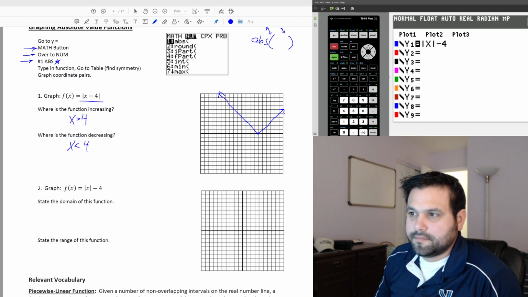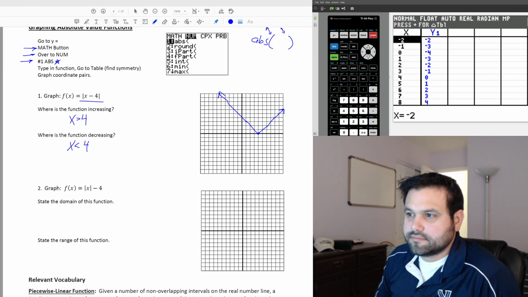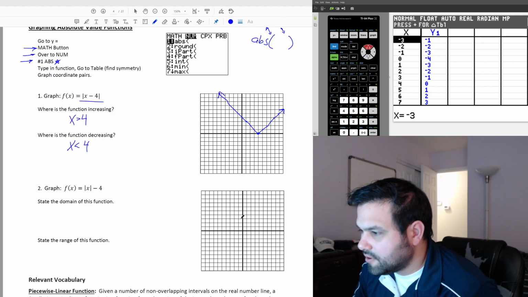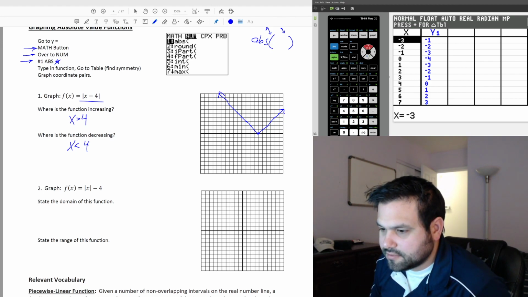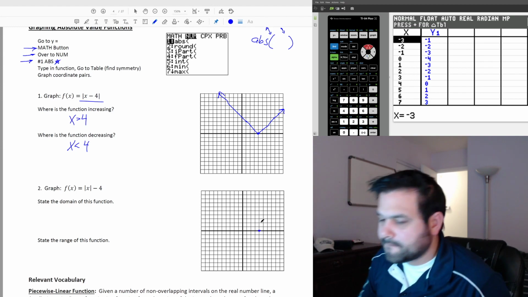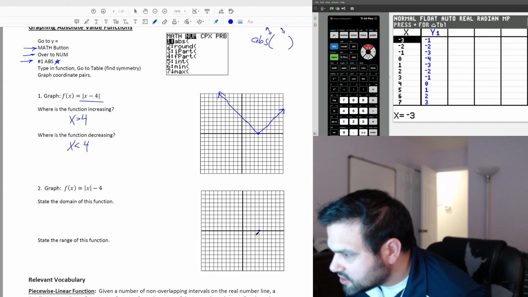Now I can go to the table, and I can see all these values. I can go ahead and start plotting them. So this one, 4, 0, that's correct, yeah. 4, 0 is also an x-intercept. But when I look at the points that are around it, I'm getting 5, 1, 3, -1. So I'm doing this and this.